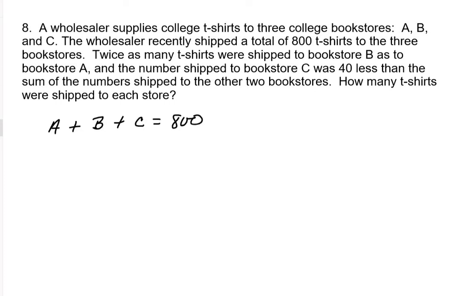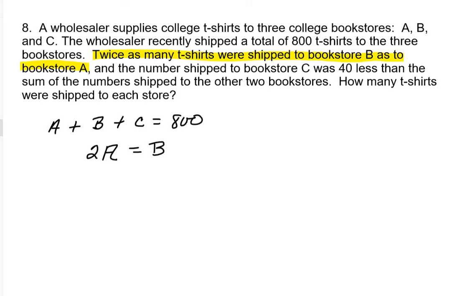Now let's go to this sentence right here. Twice as many T-shirts were shipped to bookstore B as to bookstore A. So that means if I took the number of T-shirts that were shipped to store A and multiplied it by 2, then I would get the number that was shipped to store B. Right?